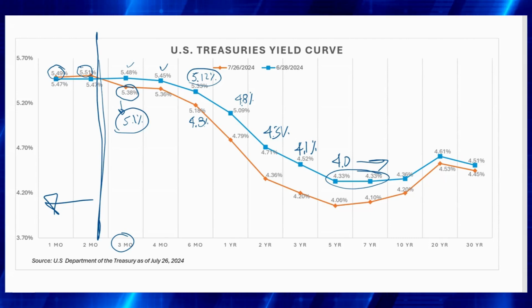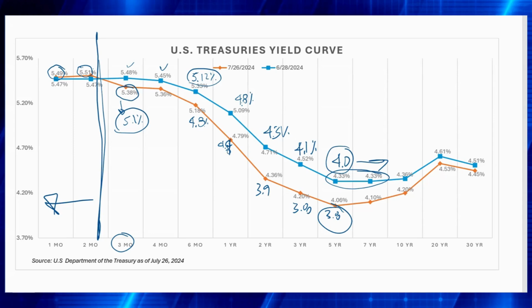We fill in the rest of the yield curve from last week. It goes from 4.8 down to 4.4, continues falling down to about 3.9, 3.8, again around 3.8. So what we see here is this terminal rate is lower than what was expected a month ago.